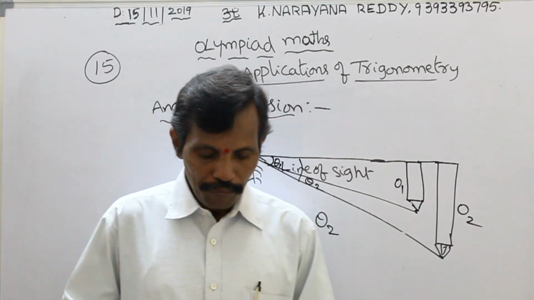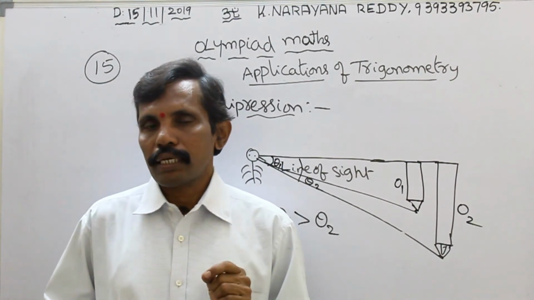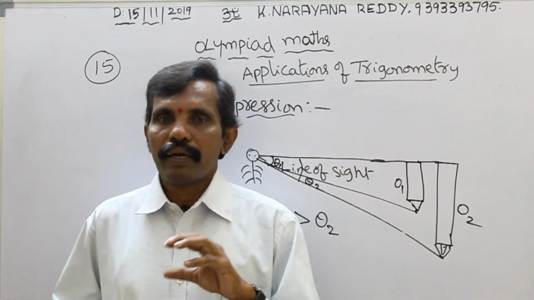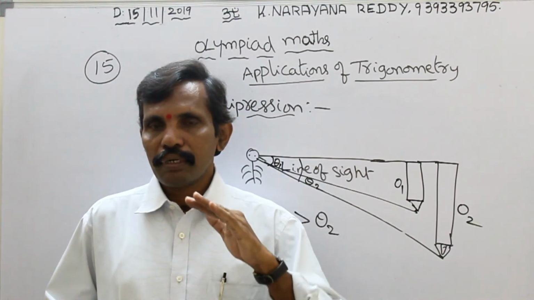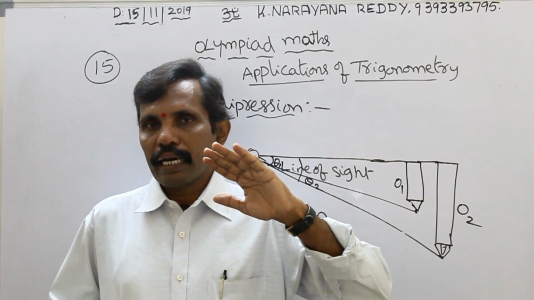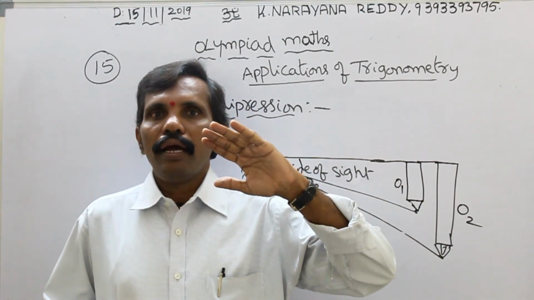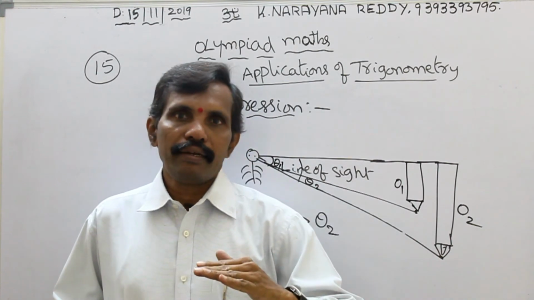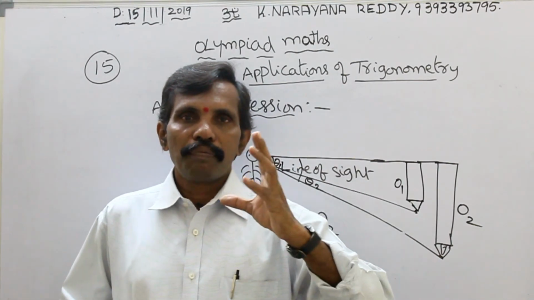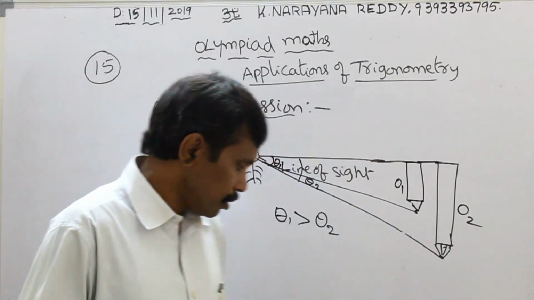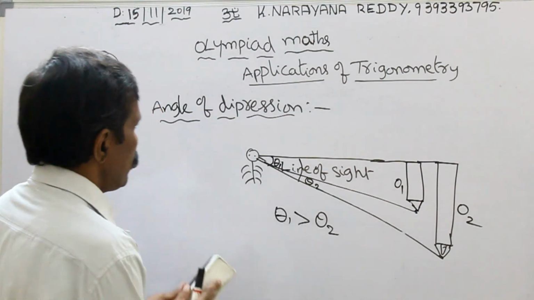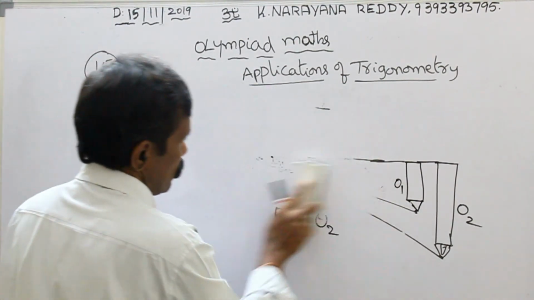Okay? So the important point is that angle of elevation is different from angle of depression. Angle of elevation is nothing but raising the head, and angle of depression is nothing but lowering the head. That is the difference between depression and elevation. Okay? I will tell some tricks for depression and elevation.